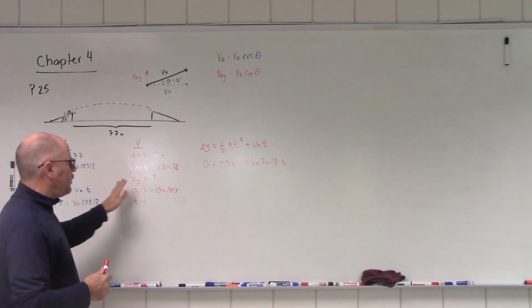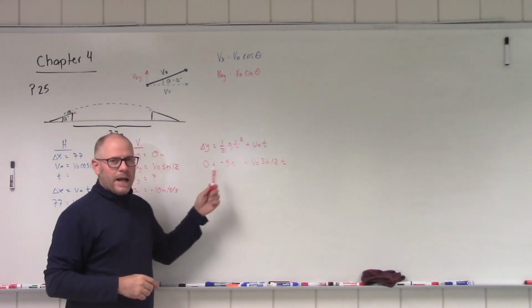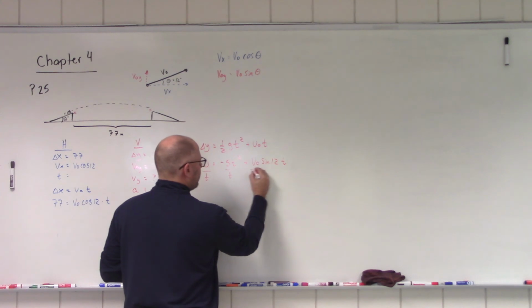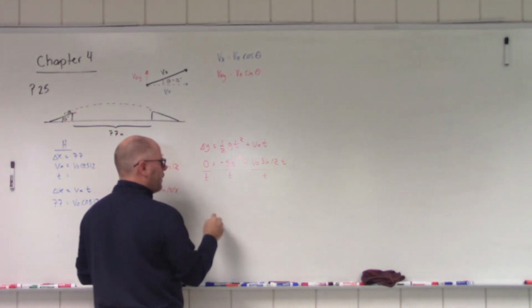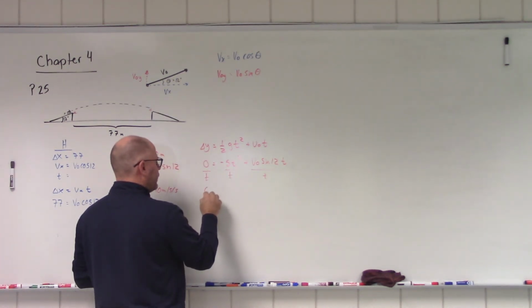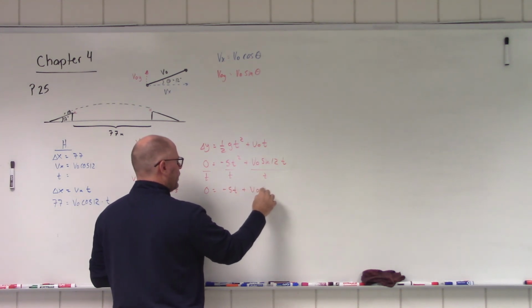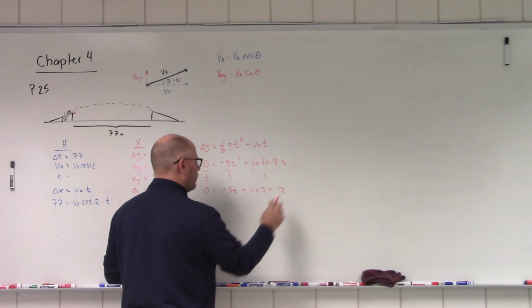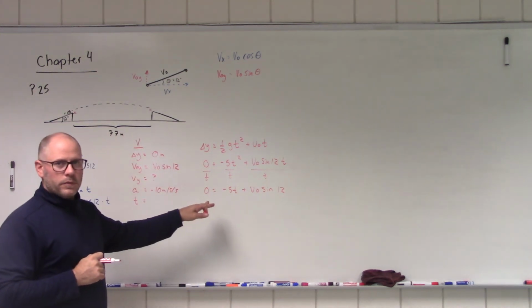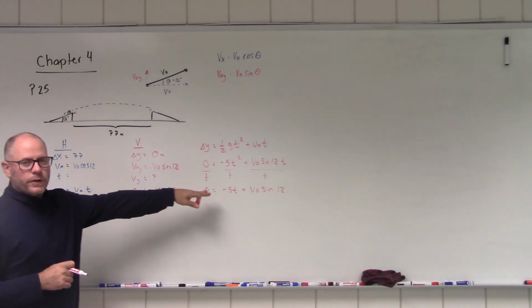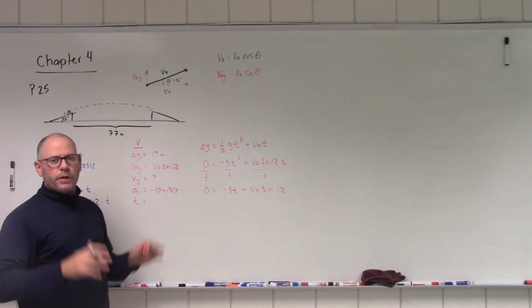Now how you do that is up to you. First thing I'm going to do is divide a t out of each of these. Divide by t, divide by t, divide by t. Then I have 0 is equal to negative 5t plus v0 sine 12. Is that cool? So if I solve this one for t, and I solve this one for t, I could set them both equal to each other. This is a fine way to do it.